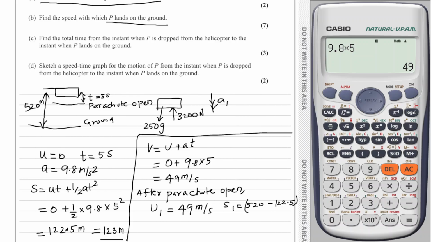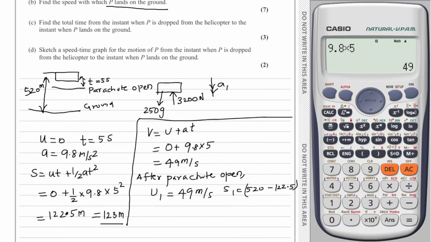We need to use the exact value, not the rounded-off value. So s1 is equal to 520 minus 122.5, and we want that value, then only can we calculate the final velocity.